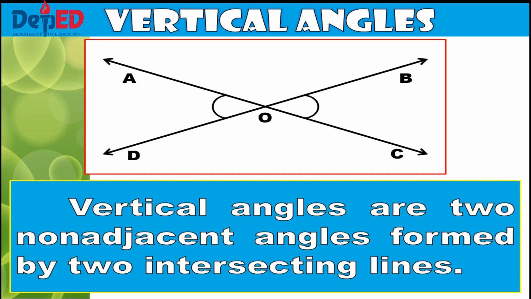And now, vertical angles are two non-adjacent angles formed by two intersecting lines. Line DB and line AC.